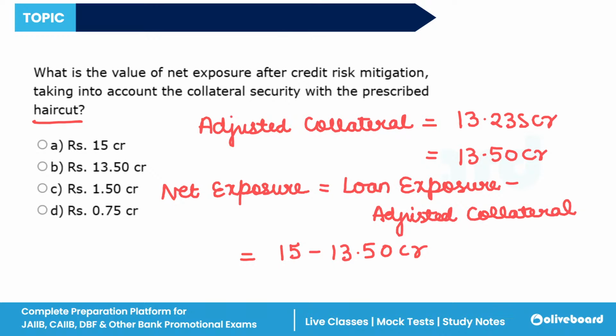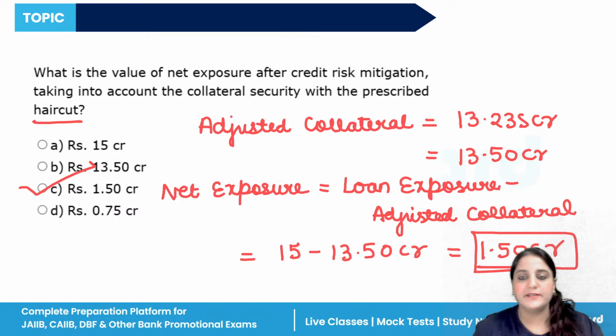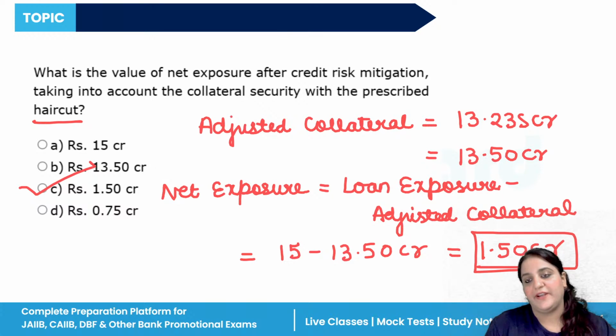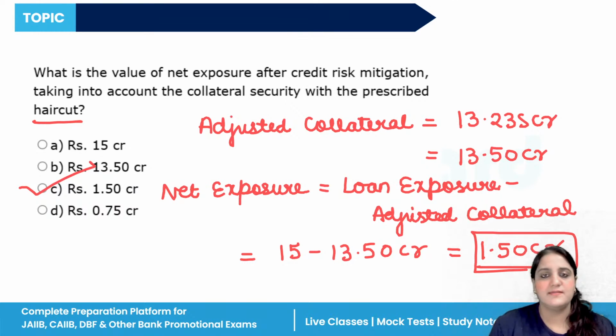So here we get near about 1.5 crore. So this is the answer. So this is the way to calculate the net exposure, where loan exposure is subtracting the adjusted collateral, and the answer is here.